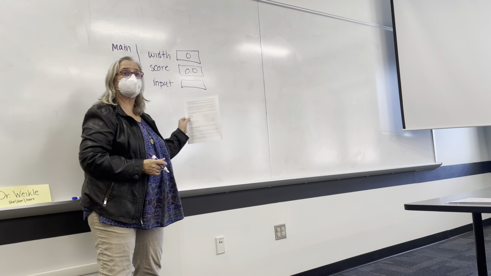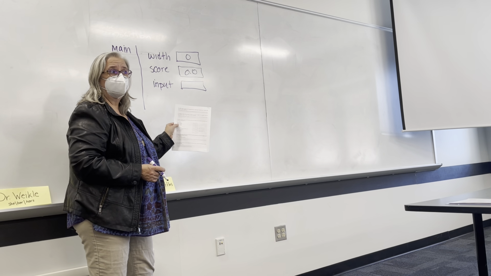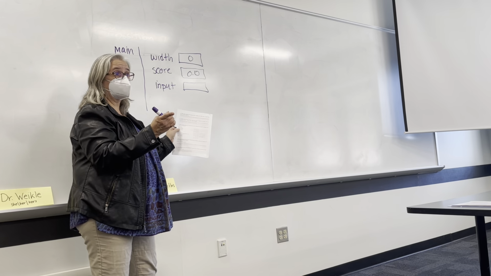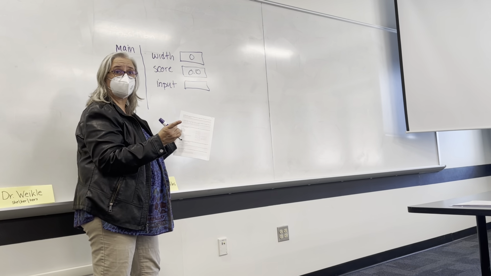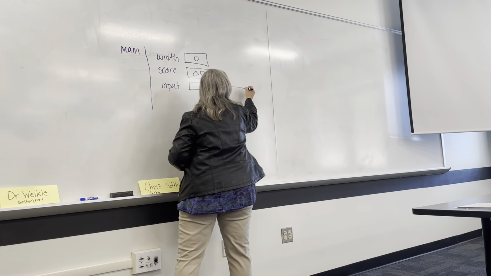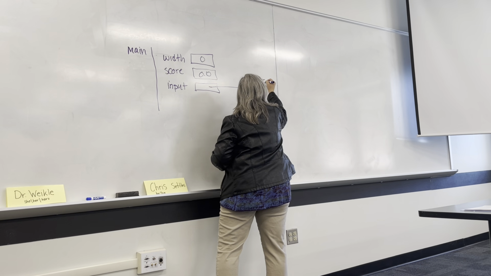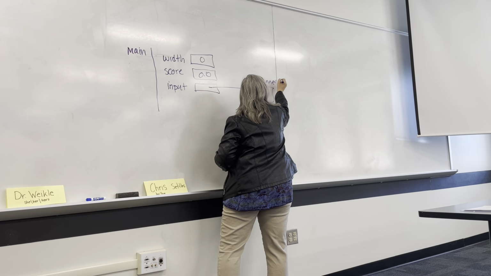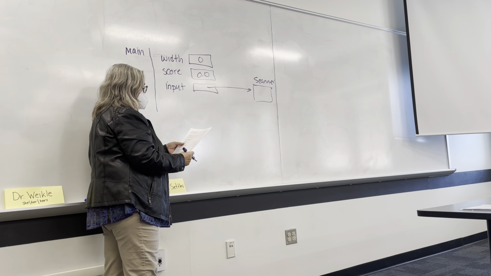What's my hint that it's an object instead of a primitive type? Scanner. Yes, but look at the first letter of Scanner. It's capitalized, so that means I'm going to use an arrow. I'm just going to say it is a Scanner, and right now I'm just going to represent it like this, because that's not a critical part of what we're doing here.